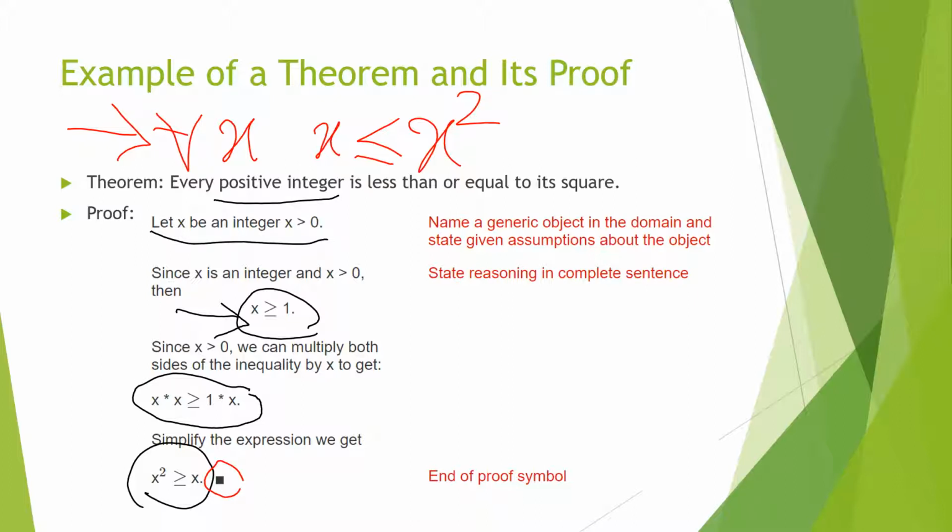So remember, at the beginning of the proof, we assume that x is an arbitrarily chosen element of the domain, which is a universal instantiation. And at the end, we say, since x squared is greater than or equal to x, and x was arbitrarily chosen, therefore the universal statement that we wanted to prove in the theorem has to be true. So we are done with the proof of the theorem.